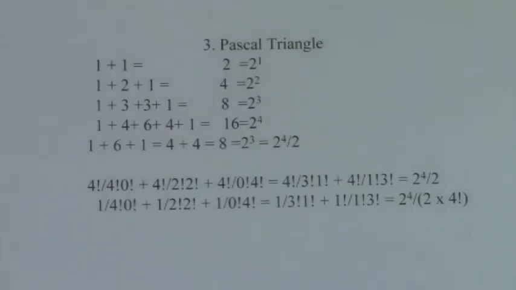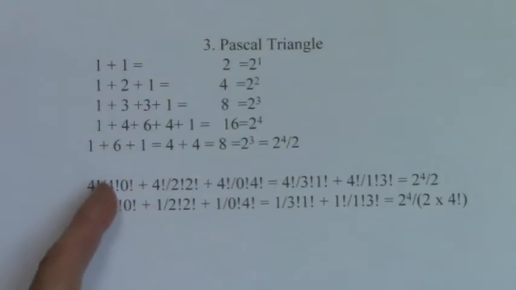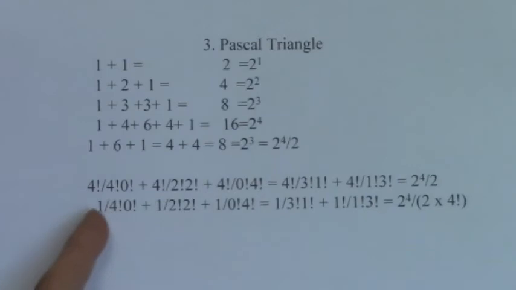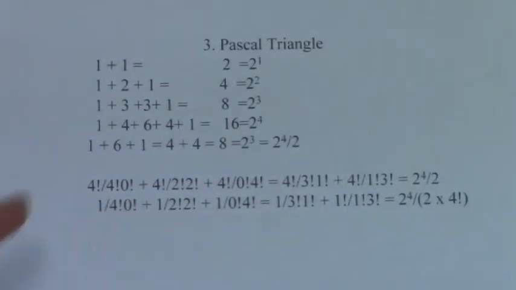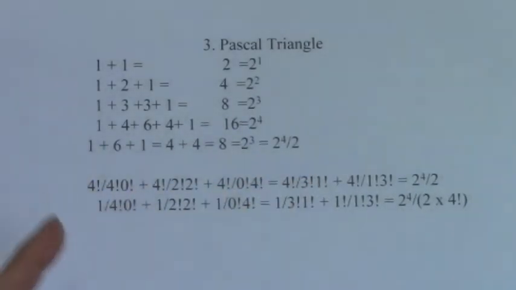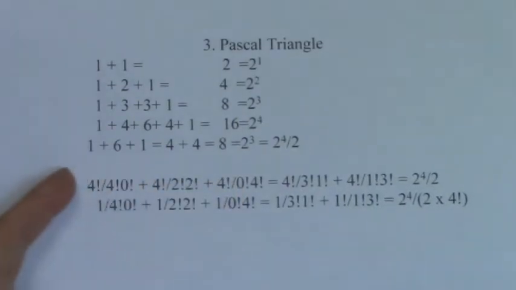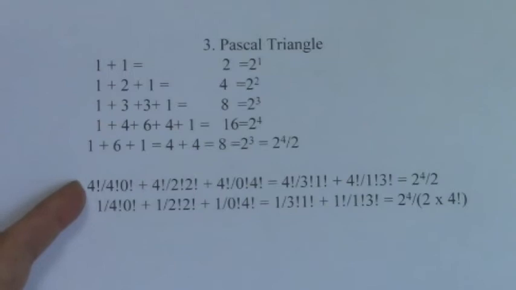We would have to prove that 0 factorial is 1, but I don't want to distract too much further from the lesson. Okay, so now if we take these alternate terms and replace the 1, 6, 1 and the 4, 4 by their equivalent factorials, we can then divide by 4 factorial. We're basically using the distributive property to factor these out.